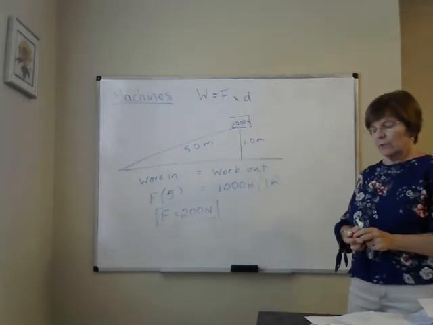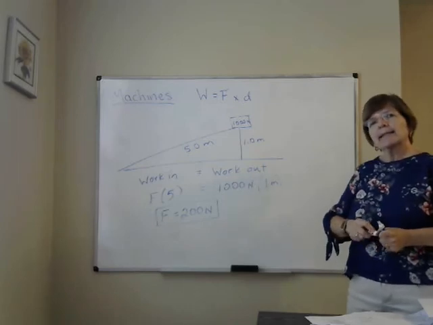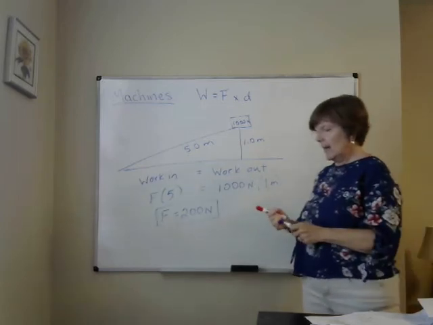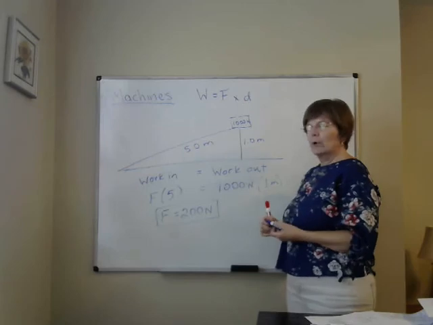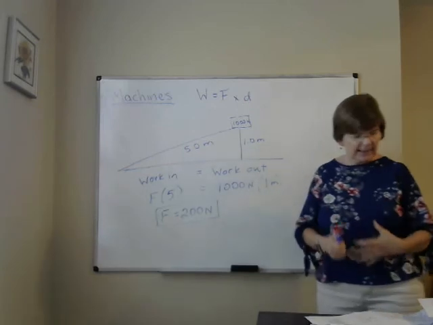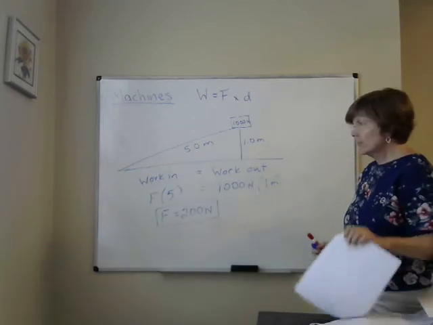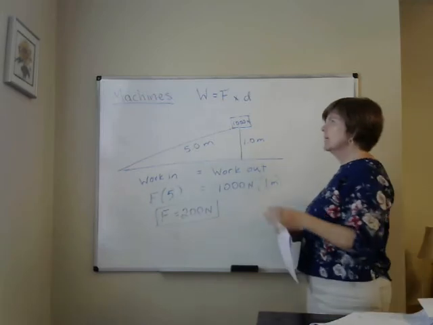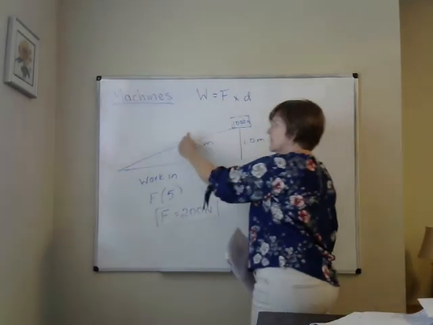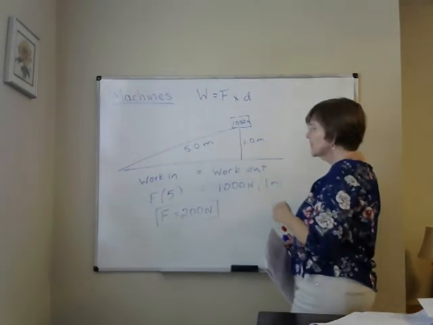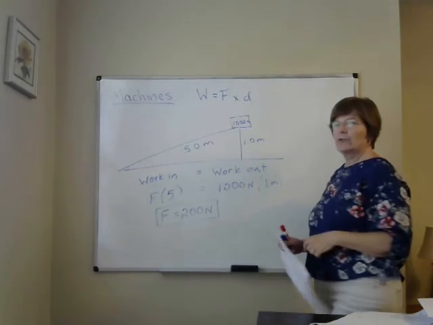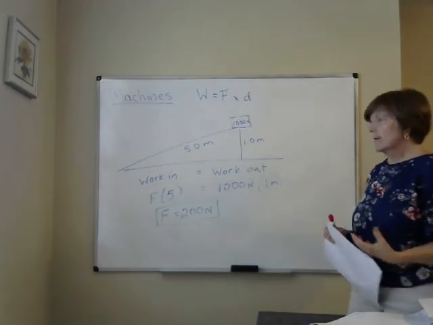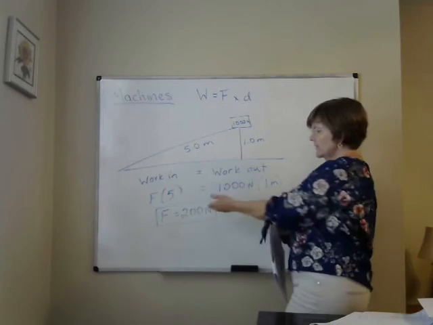I will accomplish the same work that a 1,000 newton force straight up would accomplish. Now, it's really important to remember, that's an ideal machine. In an ideal machine, the input work is exactly equal to the output work. In reality, most ramps would probably have a little friction. I would probably have to push a little harder than 200 newtons because of friction. What if I had to push with 250 newtons?